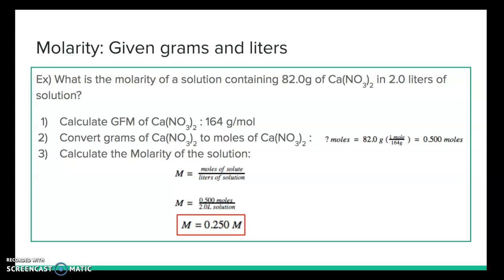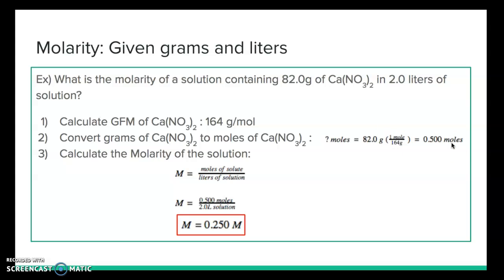So I find the mass of 1 calcium, 2 nitrogens, and 6 oxygens, and that would give me a mass of 164. Then I'm going to convert grams to moles. If I know I'm starting with 82 grams of calcium nitrate and 1 mole of calcium nitrate weighs 164 grams, I can figure out that I have 0.5 moles of calcium nitrate.